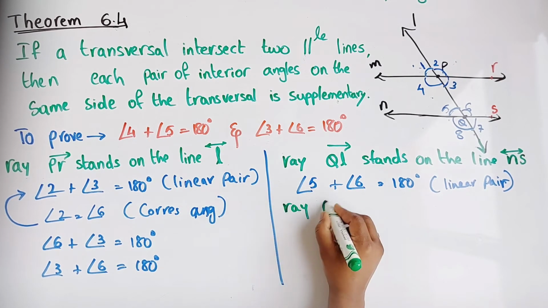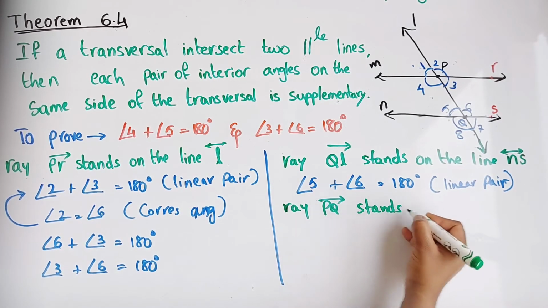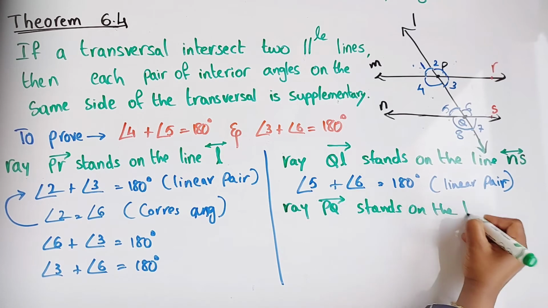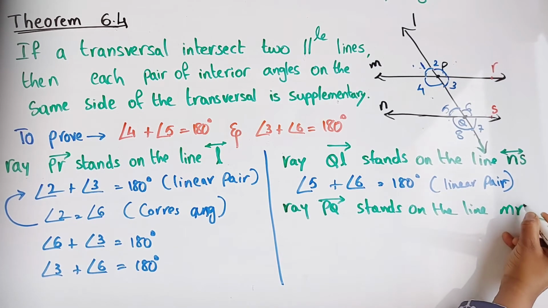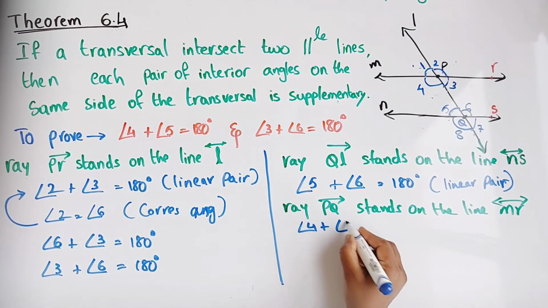Ray PQ stands on the line MR. That means here also we can write one linear pair, angle 4 plus angle 3 equal to 180 degrees.